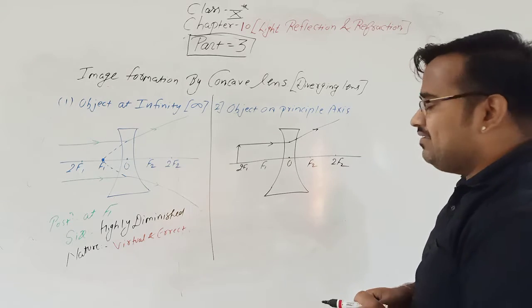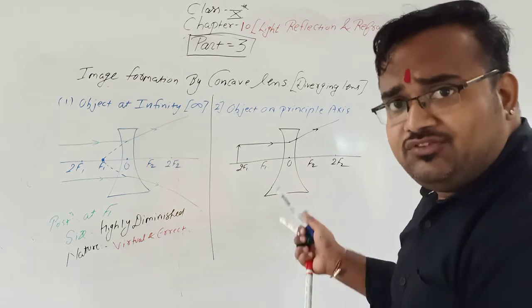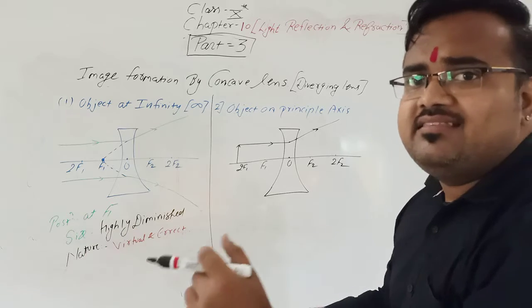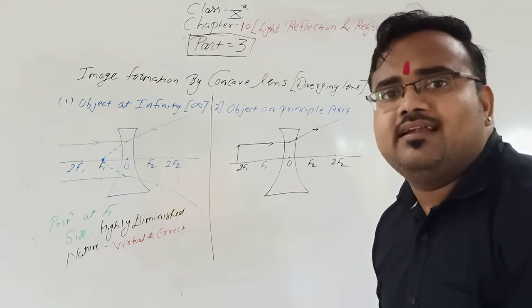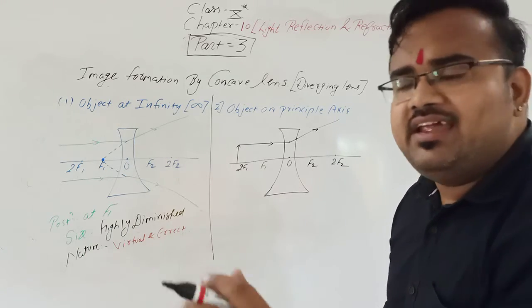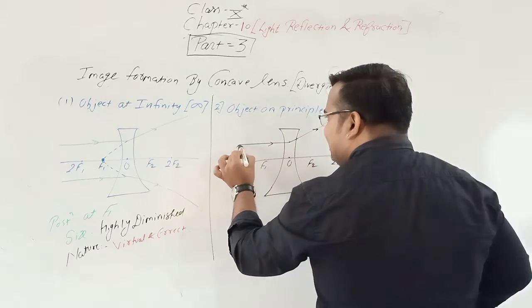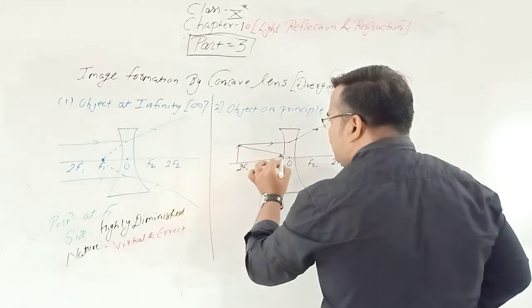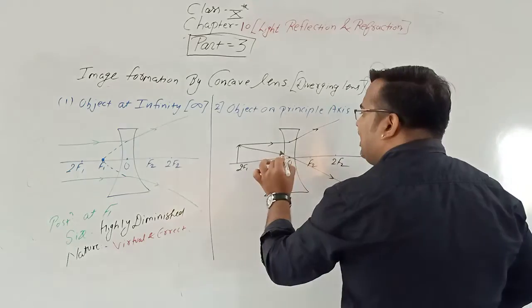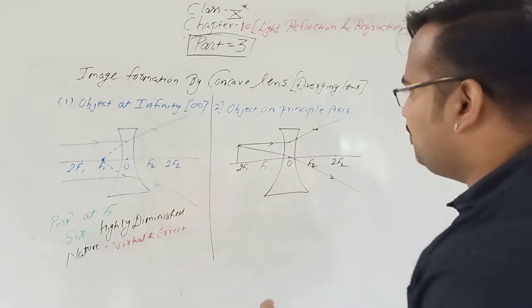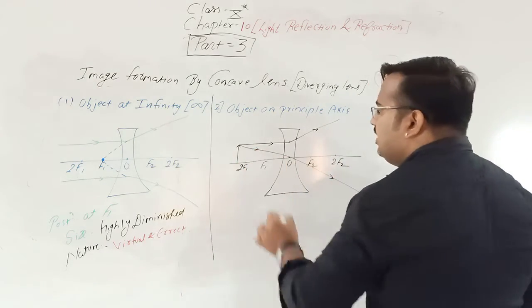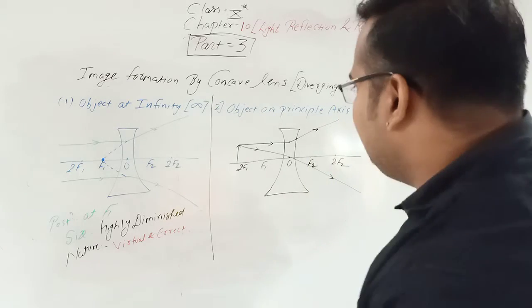The second rule says that if the incident ray passes through the optical center, it passes undeviated, without any deviation.